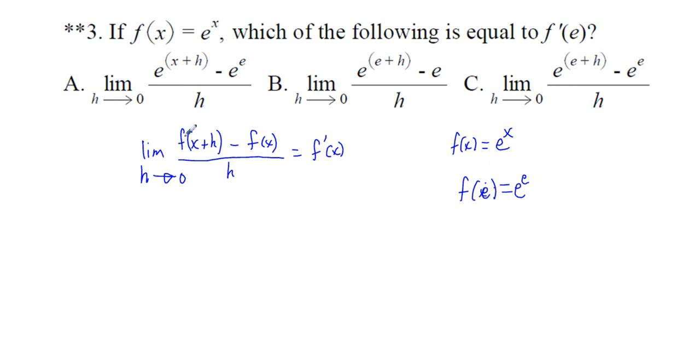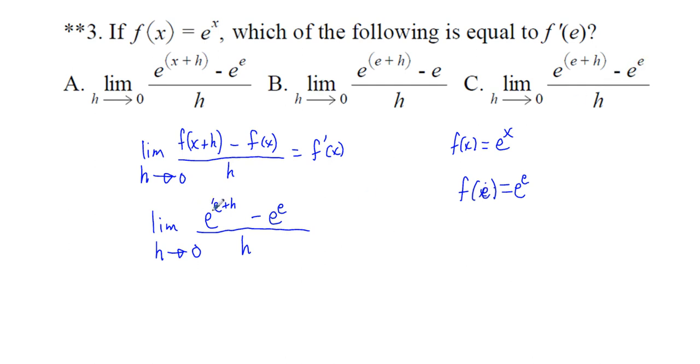And so basically, we're going to have up here the limit as h approaches 0 of f of x, which is going to be e to the e, x plus h, minus e to the e, over h. So where do we see such a thing?